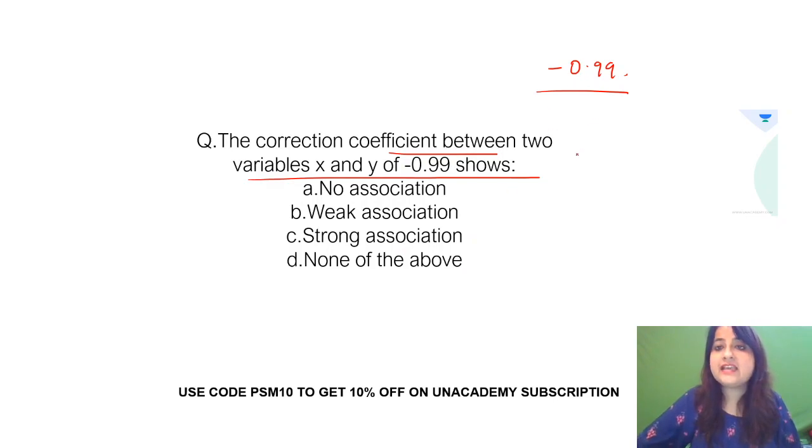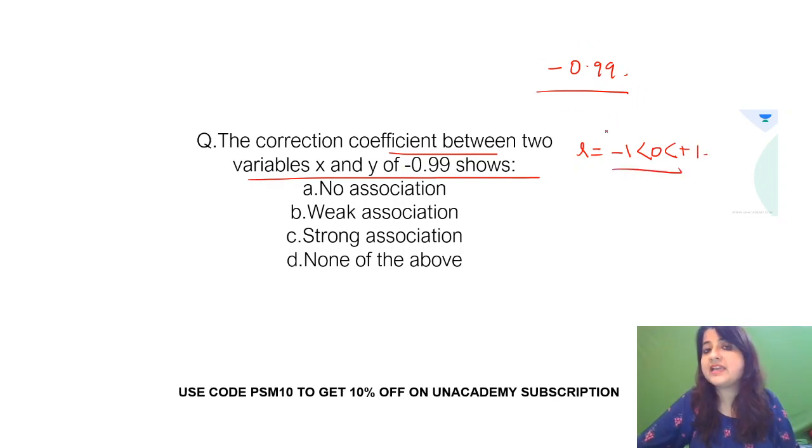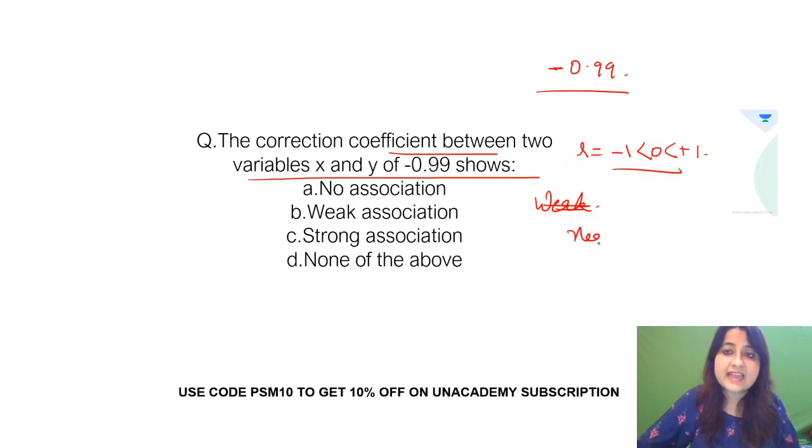Now obviously you have to remember the values could be -1 to +1. So this is -0.99. So definitely it shows an association. Since it's minus, it's weak, but since it's minus, it's negative. Okay, but negative mein, is it weak or is it positive? It's a positive correlation.